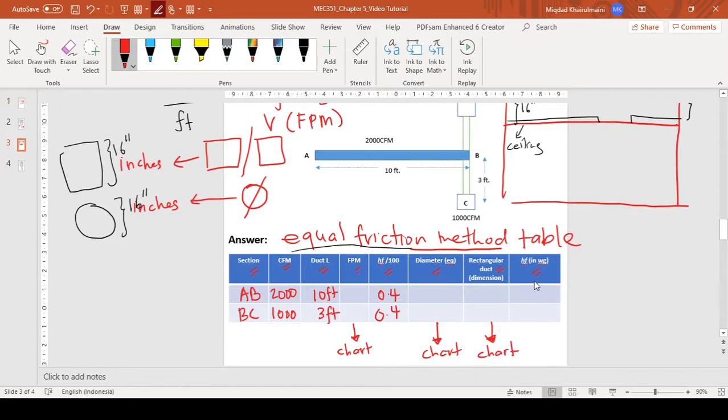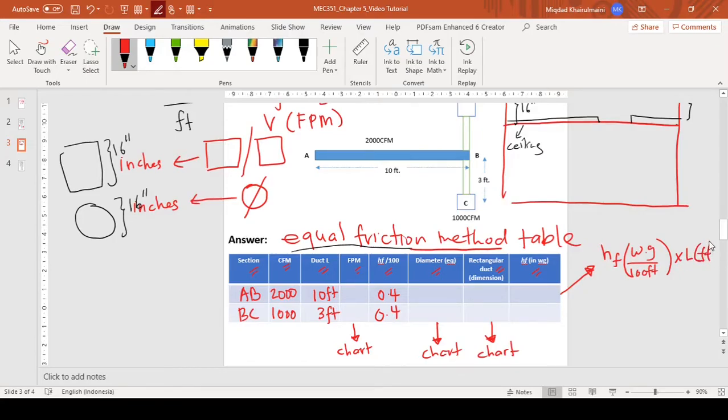For pressure loss or friction loss in units of water gauge, we can calculate this first. For AB, the equation we will use is HF in units water gauge per 100 feet times the length in units feet.